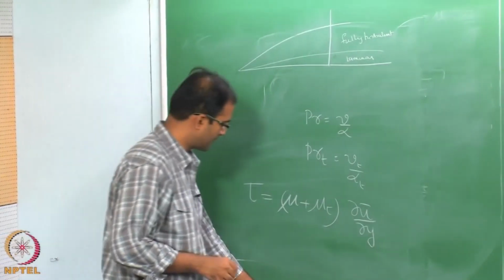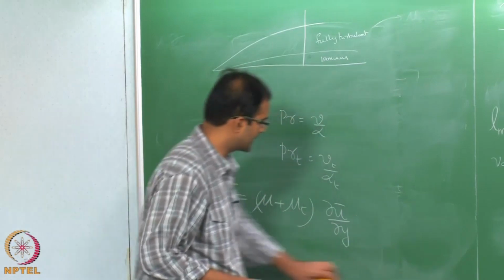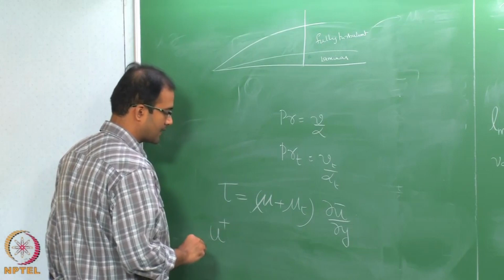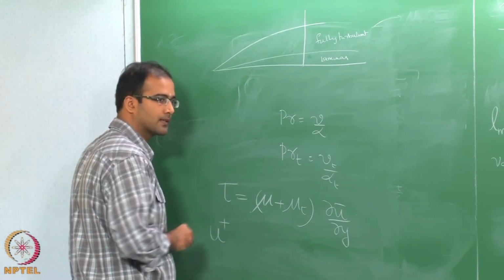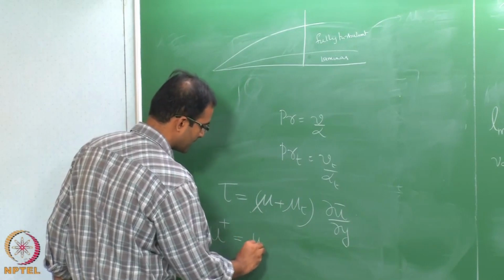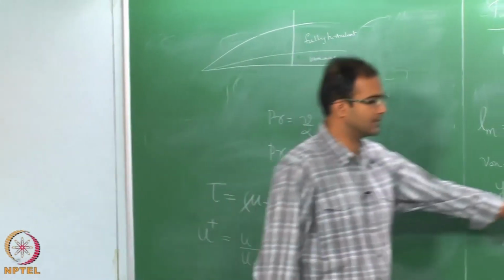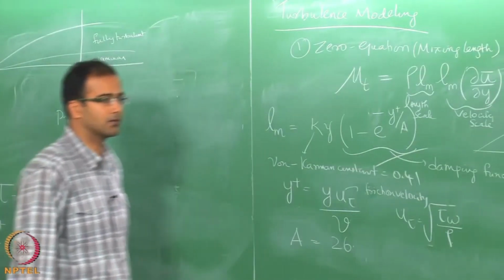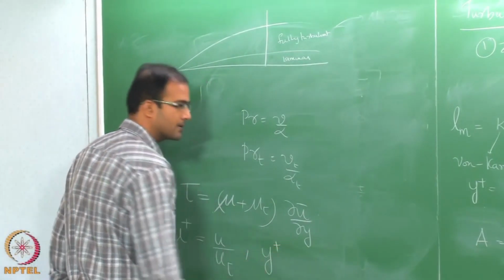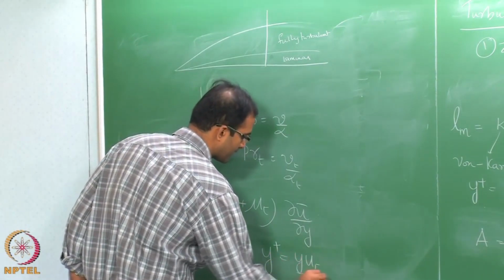What I would like you to do is write this in terms of a non-dimensional velocity u plus, which is u by u tau, where u tau is the friction velocity, the square root of tau wall by rho. And write this in terms of the non-dimensional y coordinate y plus, which is y into u tau by the kinematic viscosity.